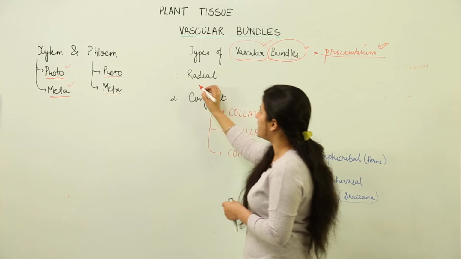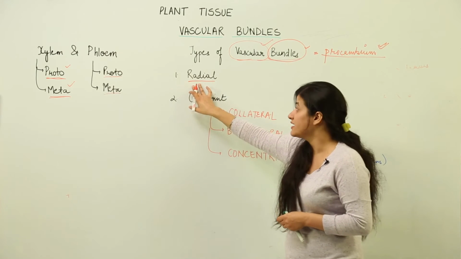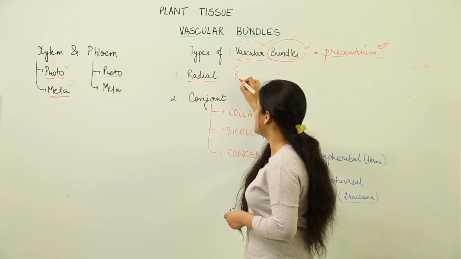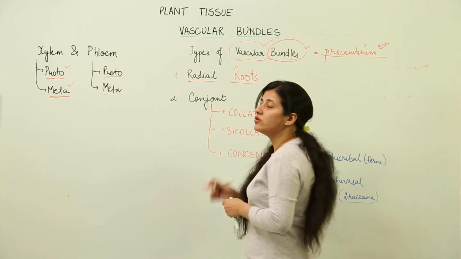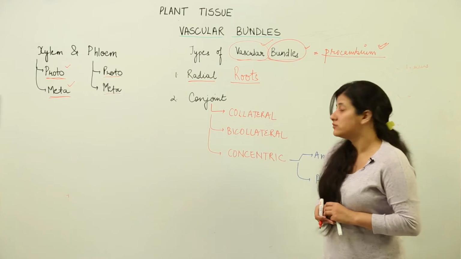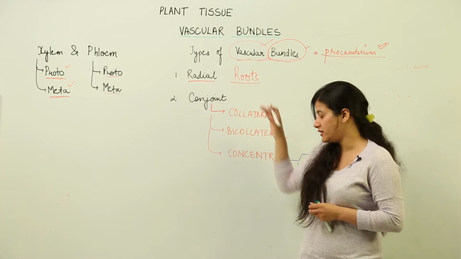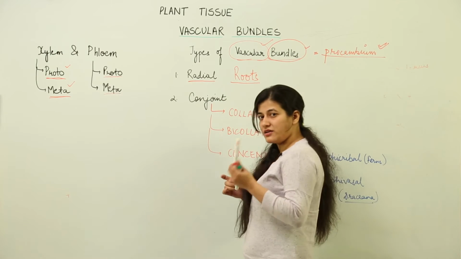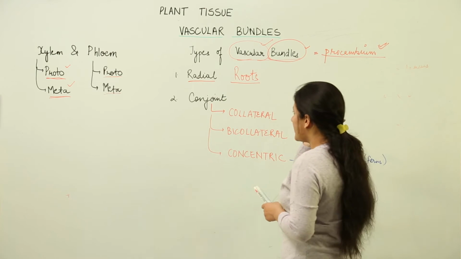Whenever I talk of radial vascular bundles, the first thing we need to remember is that these are present in roots, irrespective of whether it is a monocot root or a dicot root. Roots are going to have radial vascular bundles. Now I am going to use red color for xylem and green for phloem, so do pay attention.